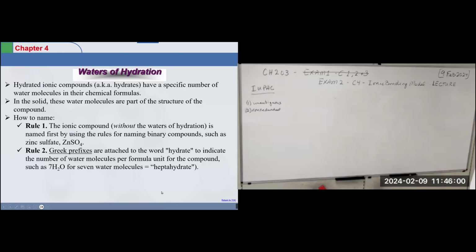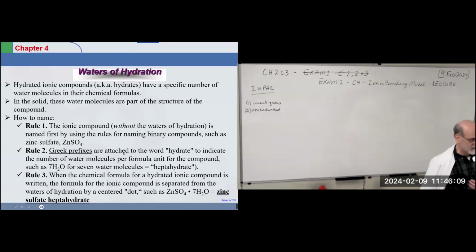Well, if you form a compound in aqueous solution, you've created a chemical reaction and you form the compound and you want to recover it. So if it forms a solid, you let it settle and filter it out. If it's soluble, then you evaporate the water and leave the solid behind.